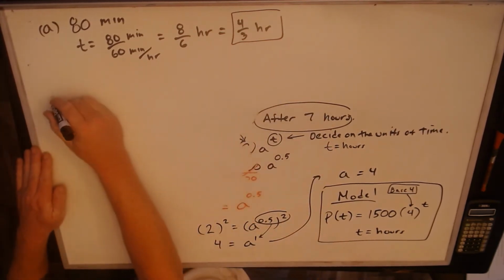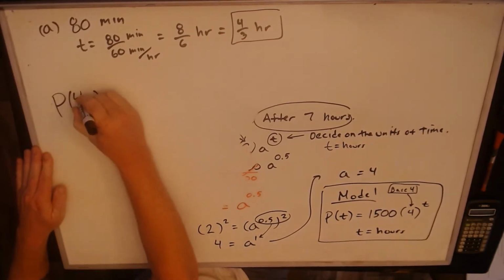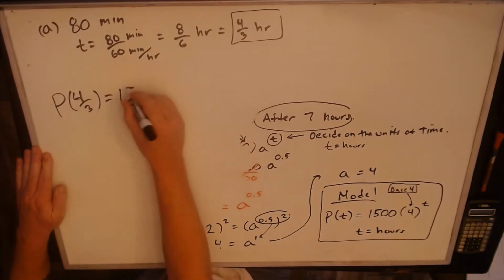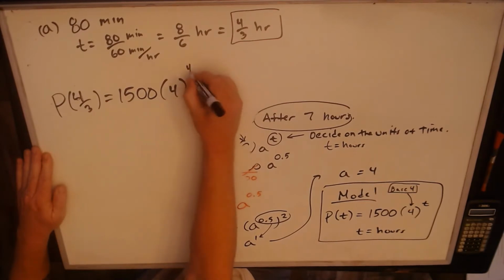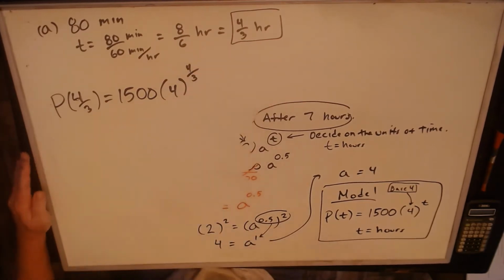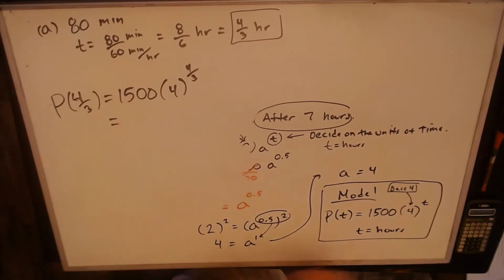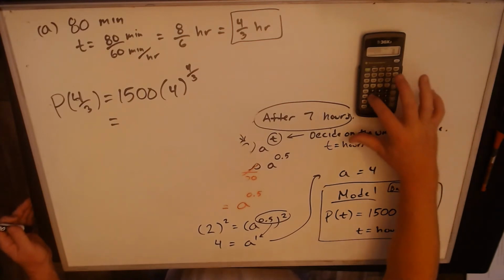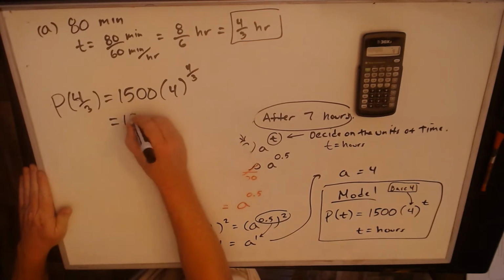So using our model, the population after 4/3 of an hour, or an hour and 20 minutes, would be 1,500 cells times the base 4 raised to the 4/3 power. So let's see, we've got base 4. If you like, you can break it up into steps.